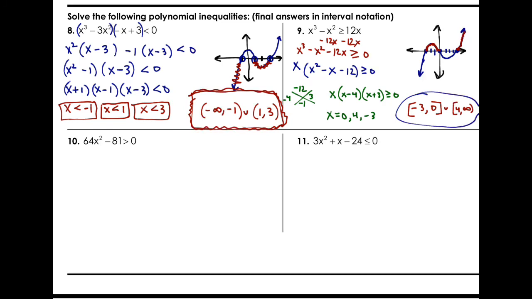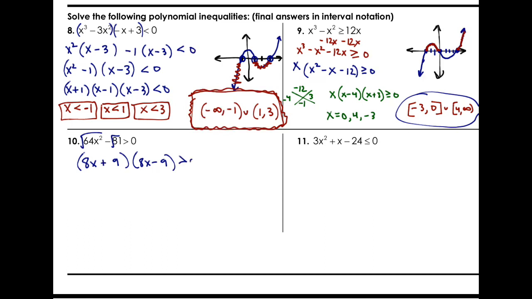All right, number 10 is a little bit more complex. This is the difference of two squares. X squared is a perfect square, and that's a perfect square. So how do we solve these? Remember, you take the square root of that, take the square root of that, and that gives us an 8x plus 9 and an 8x minus 9.